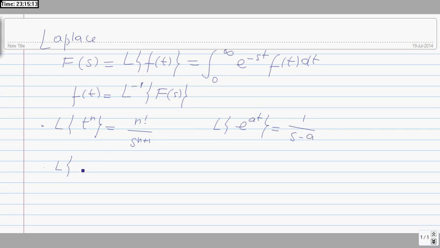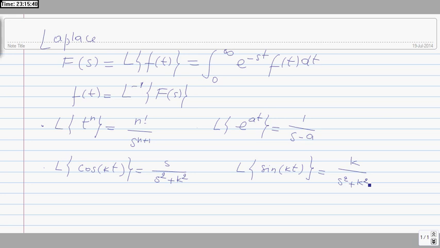Laplace of cosine kt will be s over s squared plus k squared. Laplace of sine kt is k over s squared plus k squared.